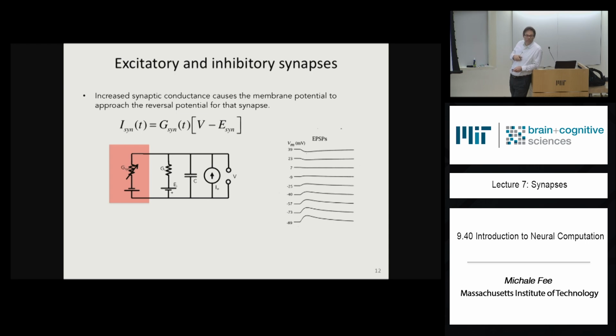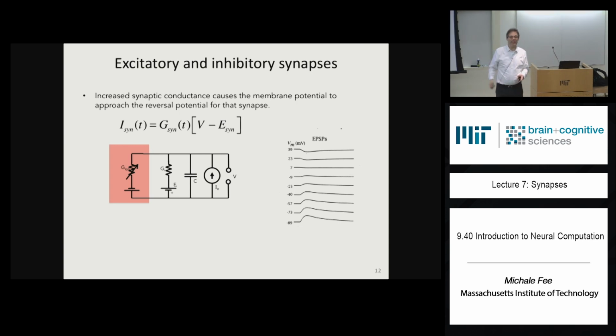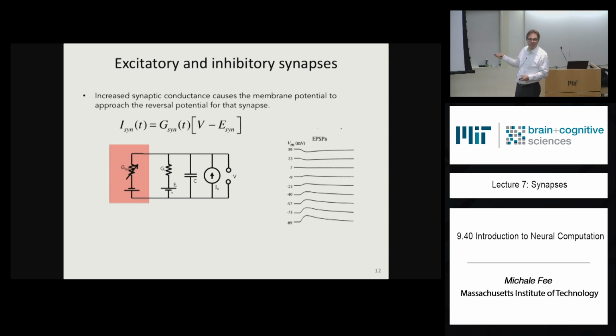Down here, let's say we're not injecting any current, and then we inject a little bit of current to hold the cell up here, and we activate the synapse and measure changes from there. Exactly. You're just turning a knob and saying, I'm going to put in 1 nanoamp, and that holds the cell up here. Then I activate the synapse and ask, how does the voltage change?